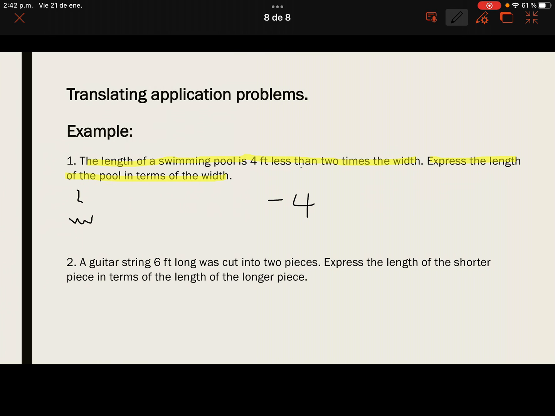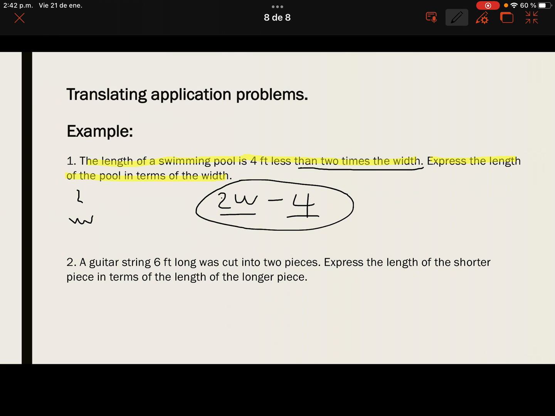From 2 times the width, 2 times W. This expression represents the length of the pool, because the length of the pool is 4 less than 2 times the width, or twice the width too. Okay, that's the final answer.